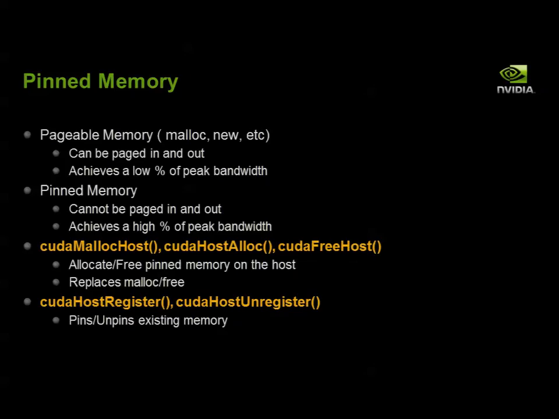Usually when you just do a regular malloc, these are memory pages that the operating system at any given point could move to disk, or move relative to the physical addresses. If you're copying out of pageable memory, you cannot get overlap between kernel execution and data transfers.